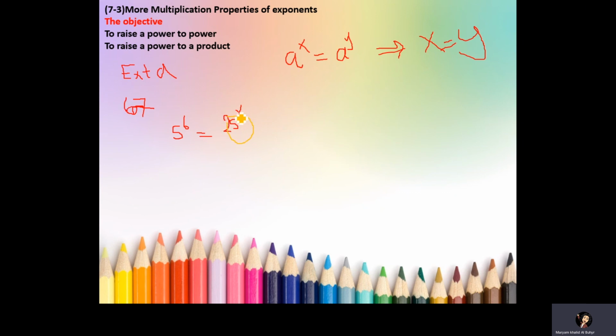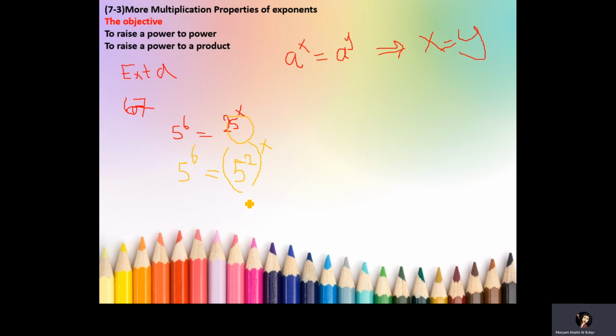First of all, we know that 25 is 5 to the power 2, isn't it? So that's 5 to the power 2, all to the power x. I did not do anything. I just changed 25 into 5 to the power 2 because that's exactly the same value. And here I have 5 to the power 6.